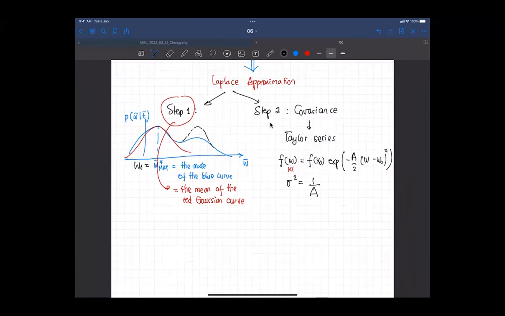Okay, I will not explain this again because I already explained how we can use the Taylor expansion last week. So please look at the recording if you are not sure how to get this function.